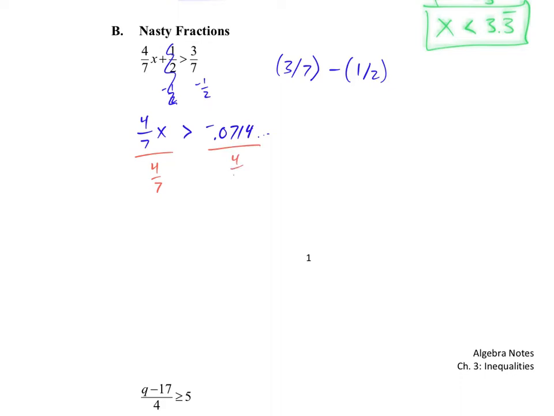Divide by 4/7. So I have x is greater than, and punching it in my calculator, I'm just going to hit the divided by key, and when I do that, my screen is going to say ANS for answer. And then I'll have that little divided by slash in there.